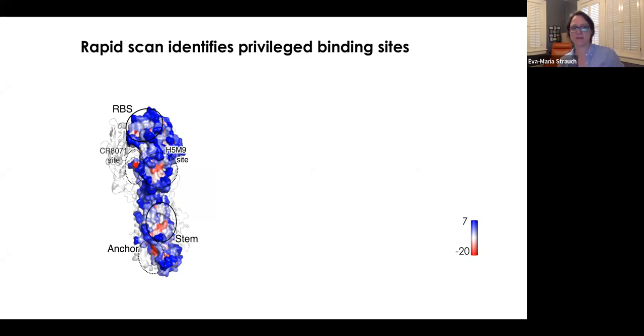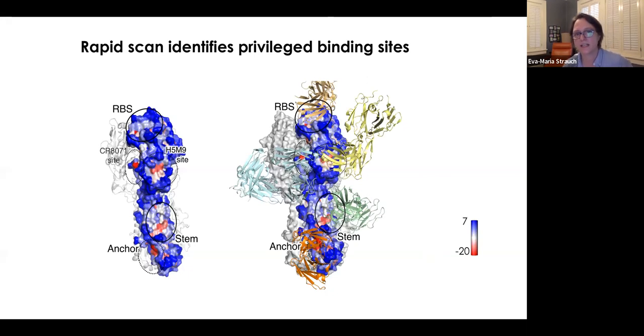So we essentially have a rapid version of making a bunch of designs against the whole surface of HA. And so you can find areas where you get pretty decent contacts easily. And so then we looked into where the neutralizing antibodies are located, and they essentially overlap with these areas, which we thought was pretty cool too.